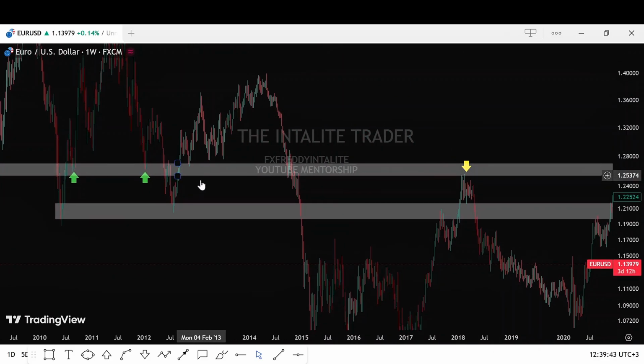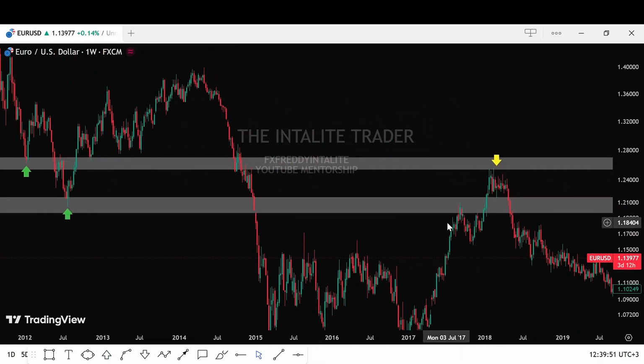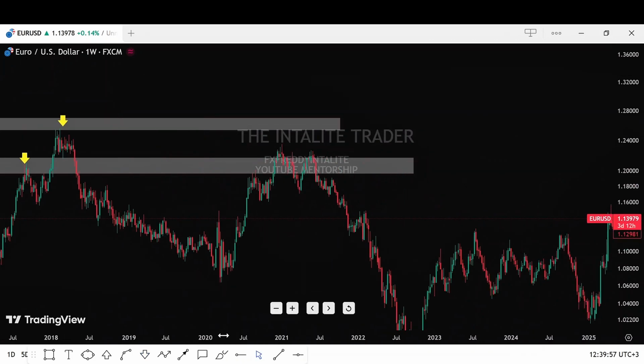So the same thing applies to this level, price traded away. So in the future, price comes and reacts to the level, and we see here price has respected the level.